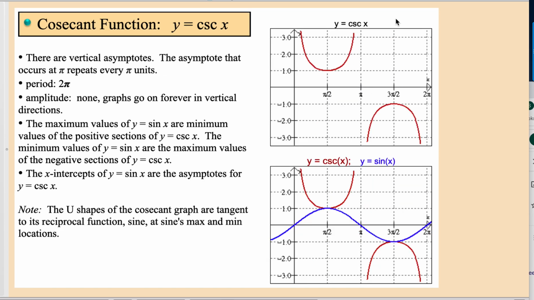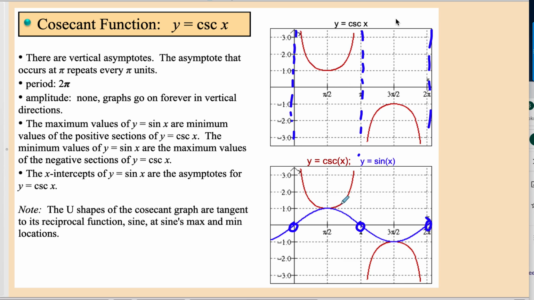The cosecant, remember, is the reciprocal of sine, and so we are going to have a problem every time sine is 0. Here, here, and here, and you can see these are the spots where we have the asymptotic behavior. And again, this y-coordinate is 1. Its reciprocal is going to be 1.